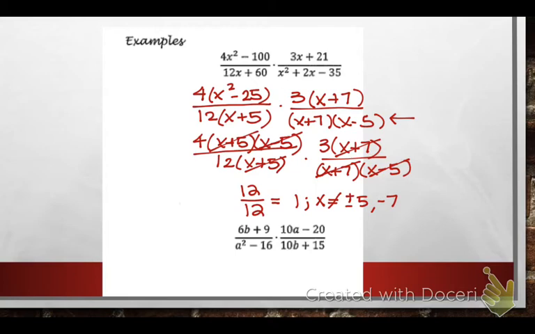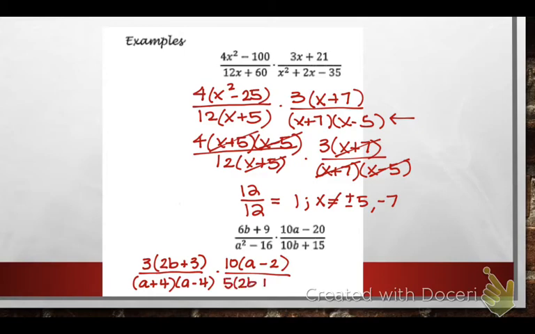For this next one, we're going to factor out our GCF, so 3 in that first numerator. And then a plus 4, a minus 4 in the denominator, times, we have a GCF of 10, and then a GCF of 5, which leaves us with 2b plus 3.